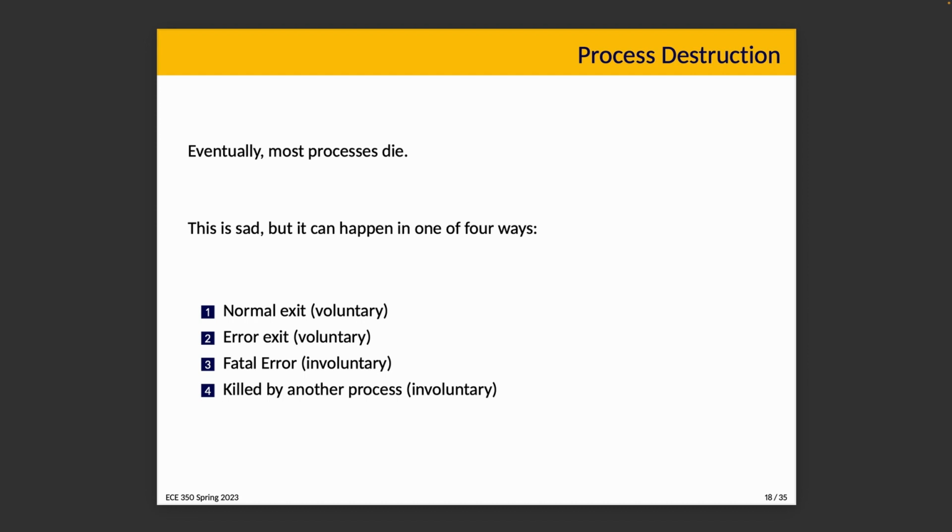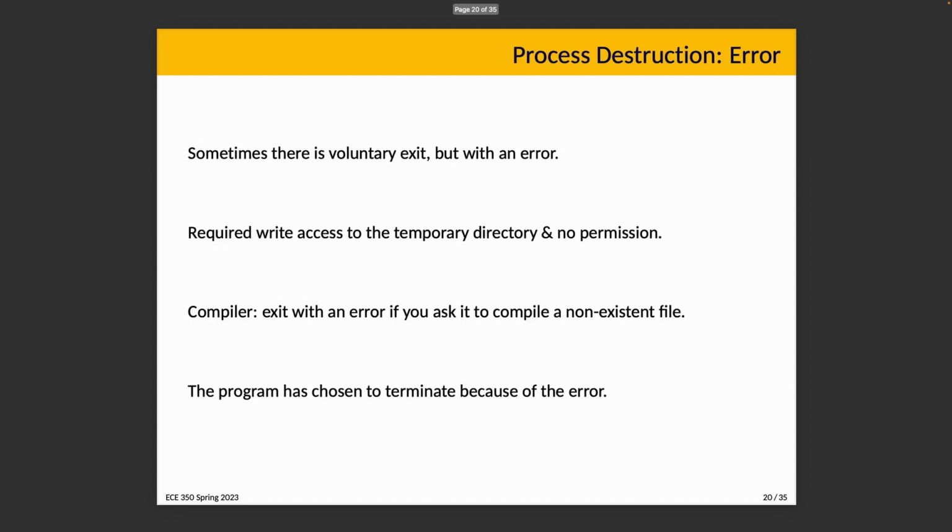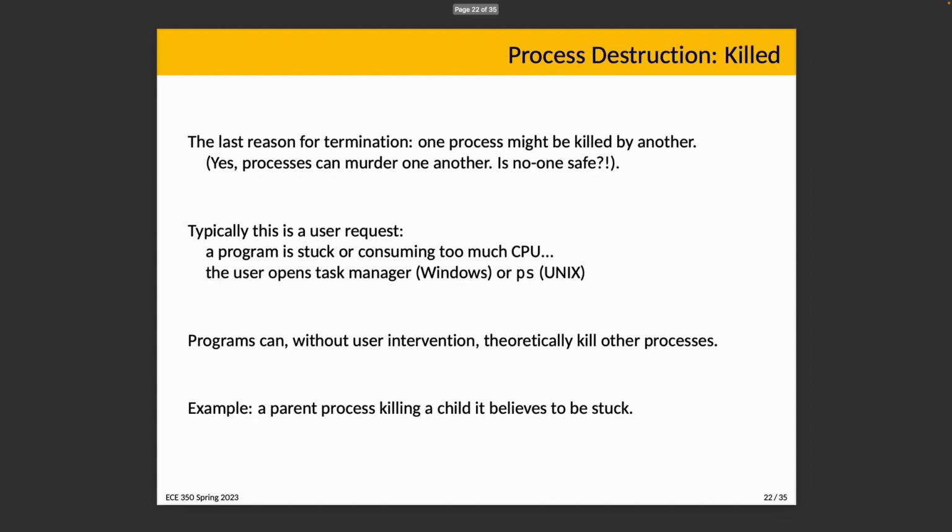And then we have killed by process, which is involuntary. We learned about the kill signal, and the idea of sending signals between processes. One process can terminate another if we think it makes logical sense. You use the kill command or the kill system call to send a signal, and there are restrictions on that, but it does work, right?